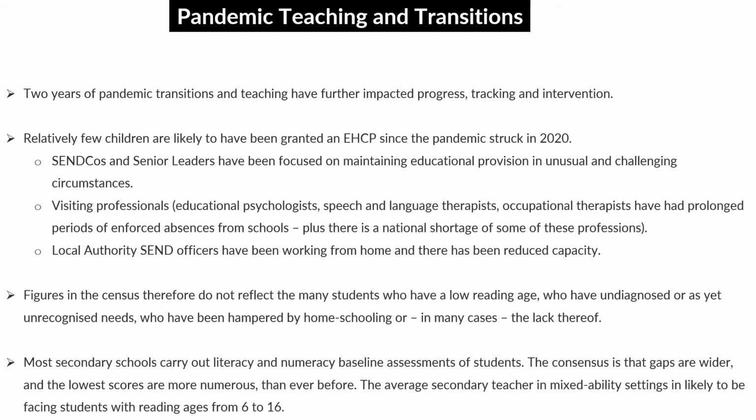The figures in the census also do not reflect the many students who have a low reading age, who have undiagnosed or as yet unrecognised needs, and who have been hampered by homeschooling or, in many cases, the lack thereof.